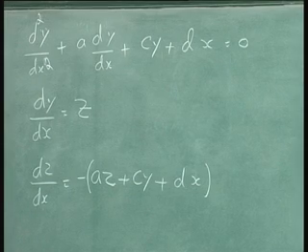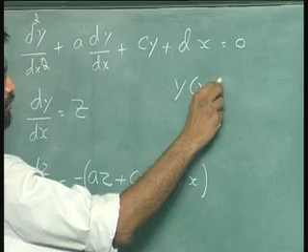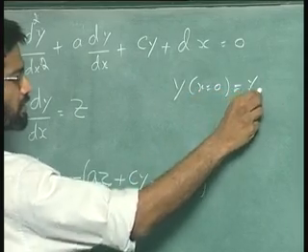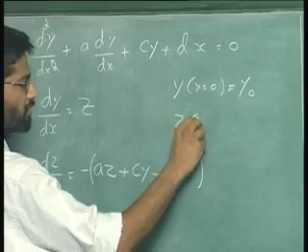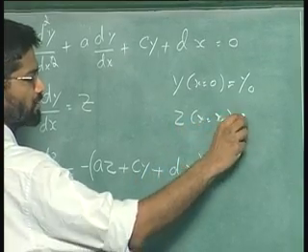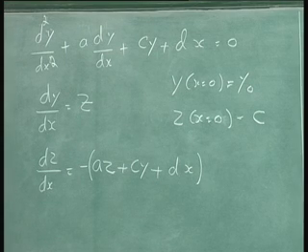Now we have boundary conditions given as y at x equal to 0 is equal to y0, and y prime, that is z, at x equal to 0 as c. Now that's our boundary conditions.